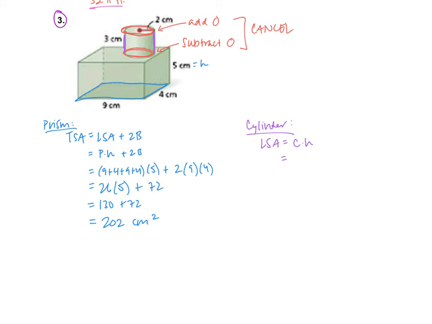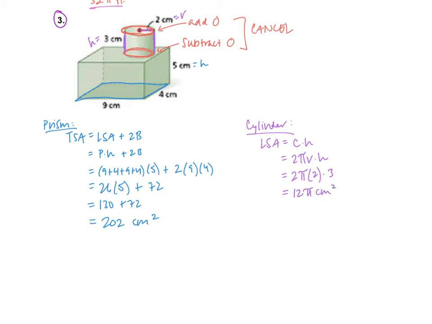Now remember, circumference is 2 pi r times our height. Now, we know our radius here, right? Our radius is 2, so we could do 2 times pi times 2, and then we multiply by our height. Now, remember, the height is of the cylinder, so our height here is 3. So we have 2 times 2 times 3, that's actually 12 pi, so we have 12 pi centimeters squared.